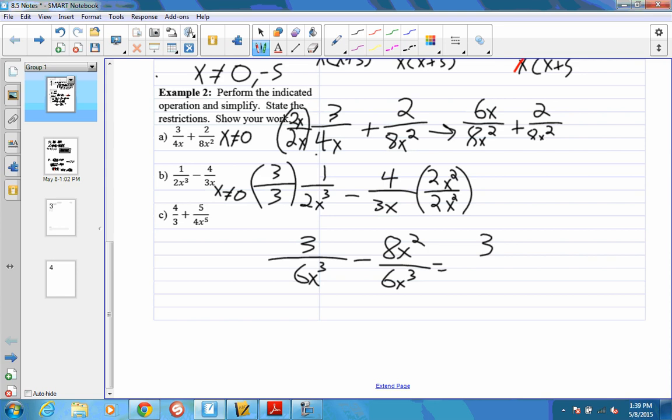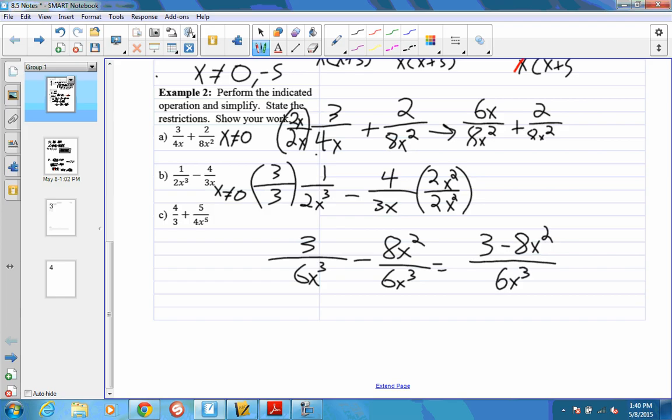Guys, when you're going to do restrictions, if you did what I just did, multiplying by 1 over 1 essentially, you can state your restrictions really at any time before you cancel at the very end. As long as you do it before then, you'll be okay. Just so you know. Good, so 3 minus 8x squared over 6x cubed.